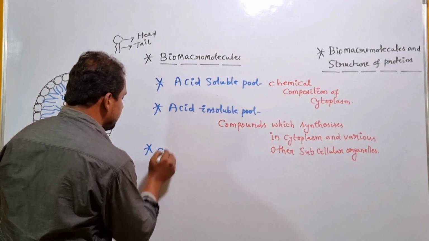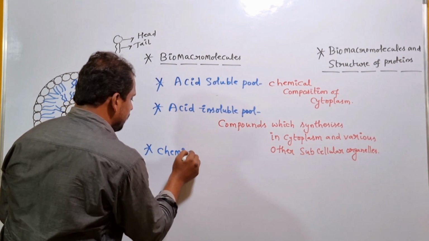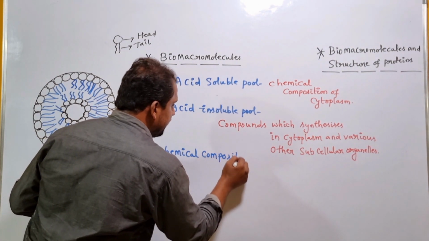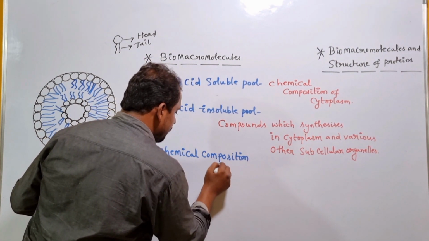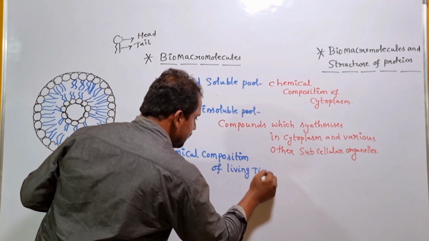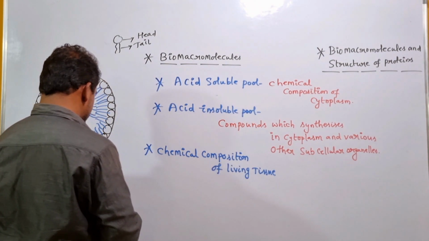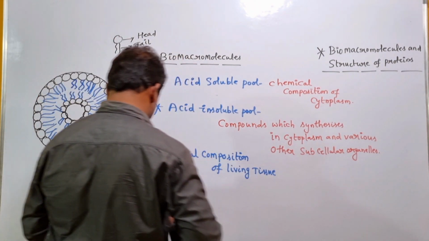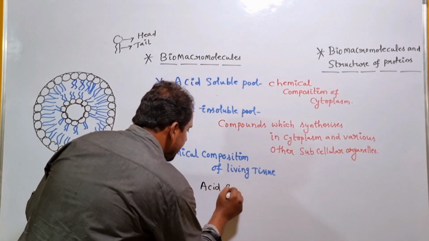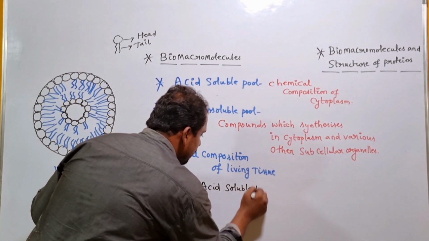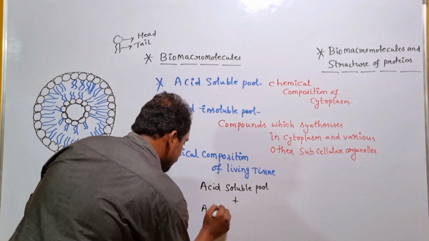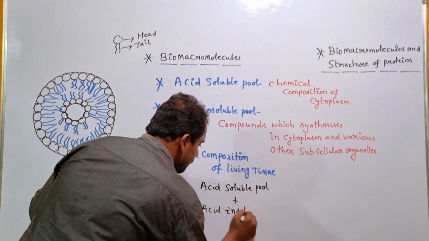Chemical composition of living tissue includes the acid soluble pool as well as the acid insoluble pool.